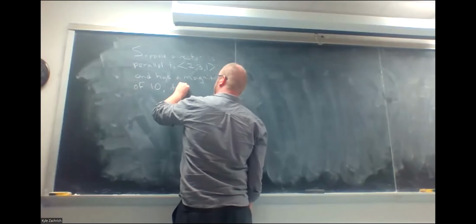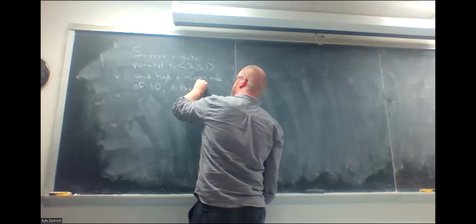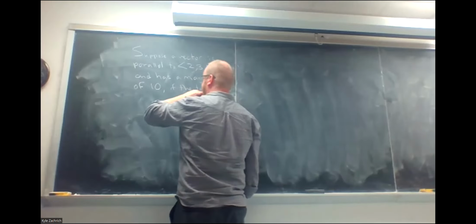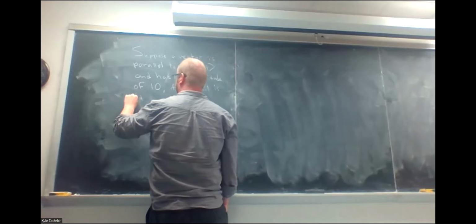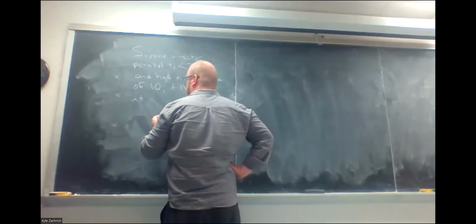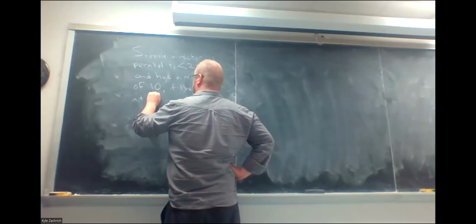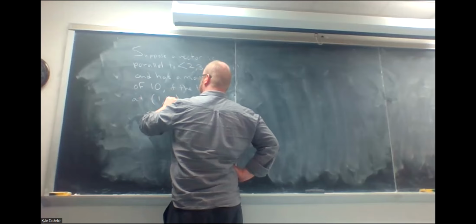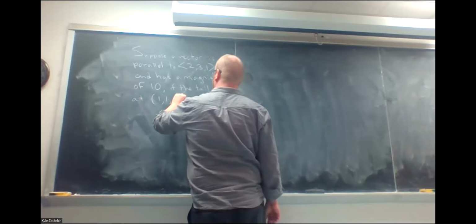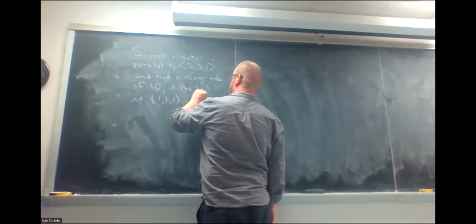If the tail is at 1, 1, 1, where is the head of the vector?